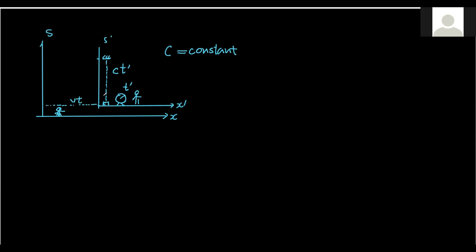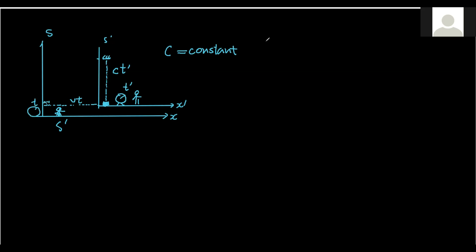Now, what would happen? So this is the light source here. The light source is moving. Do you agree? But this guy will of course use his own clock, which is called T. The reading will be T for this event.